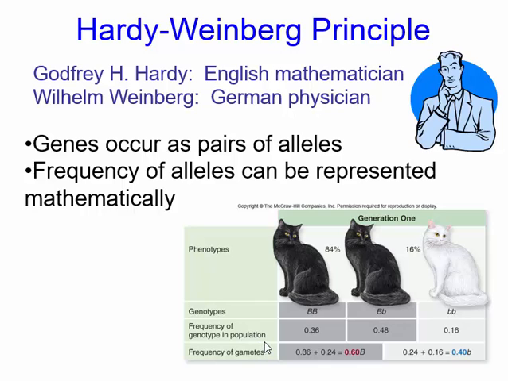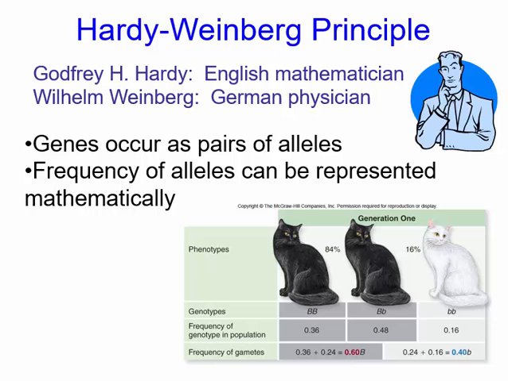We don't know, but we can determine the frequency of the little b allele based just on the white cats, and then from that determine what the frequency of big B is. So if 0.4 is little b, 0.6 must be big B, right? Because if 40% of the alleles are little b, then 60% must be big B.